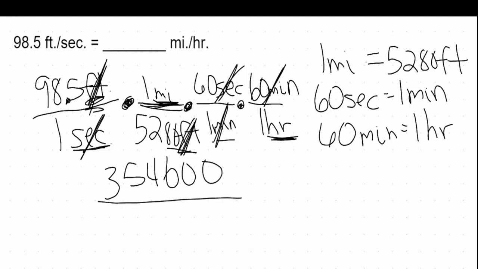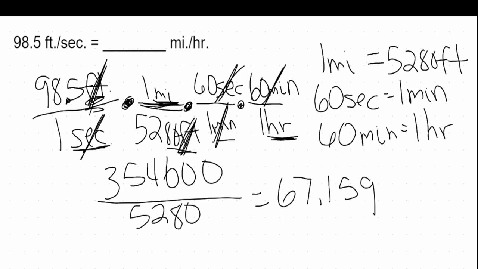And that's going to be over 5,280, the only thing we have in our denominator that's not a 1. And when we do that division there in the end, when we divide by 5,280, I am getting the decimal 67.159 there.